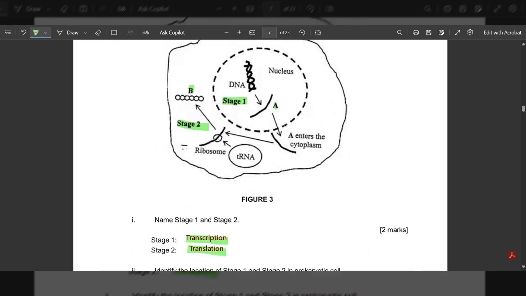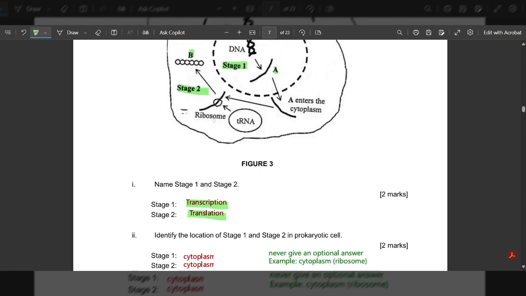And second, it involves the formation of strand A, which is the mRNA. Whereas for stage 2, the reason is supported by two points as well. One is it takes place in the cytoplasm, and it involves the formation of strand B, which is the sequence of amino acids found in the polypeptide chain.